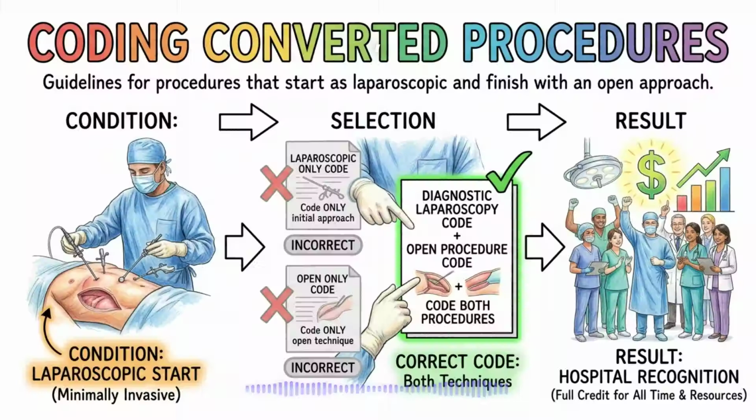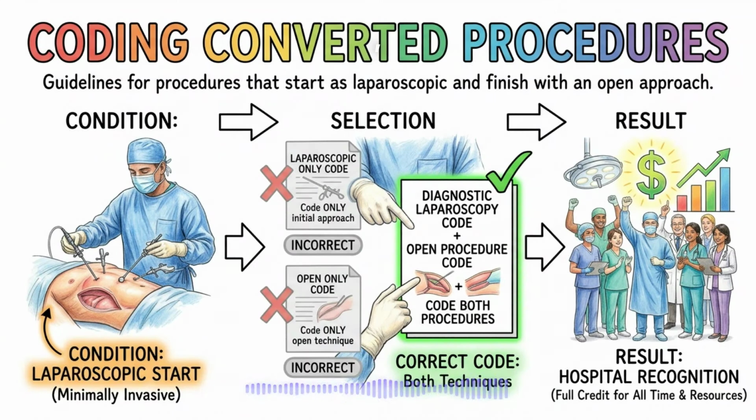Coding for combination procedures is another area where students often get confused. Sometimes a surgeon starts a procedure using a minimally invasive approach, like a tiny camera, but encounters a complication and has to convert it to an open surgery.